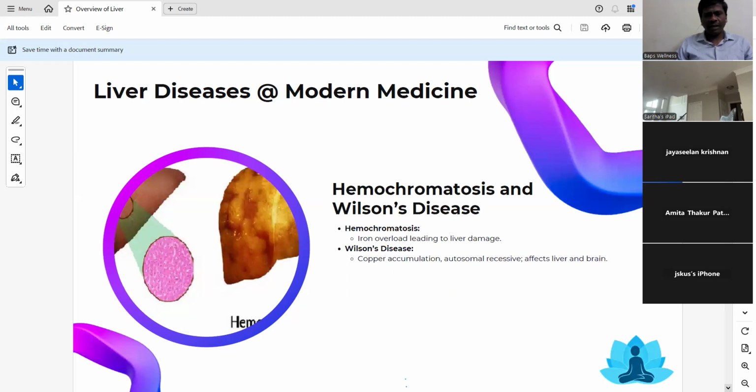Another less heard of disease is hemochromatosis and Wilson's disease. Hemochromatosis is iron overload that leads to liver damage.